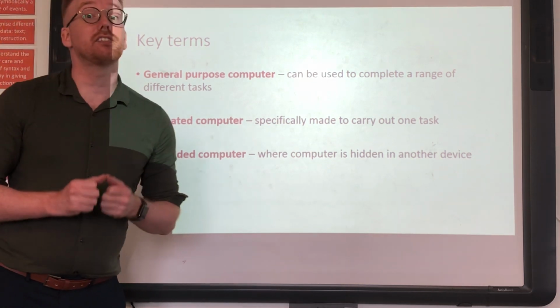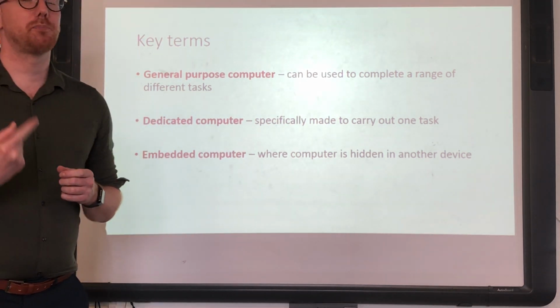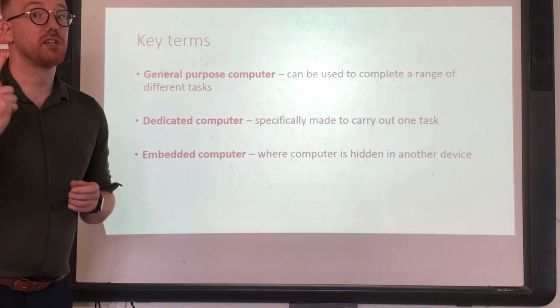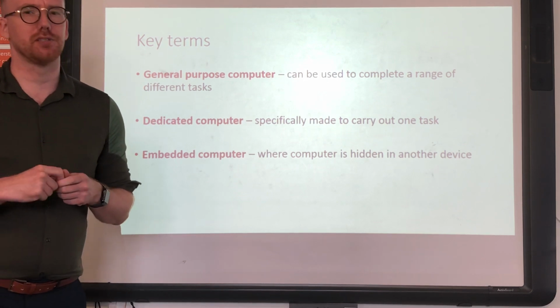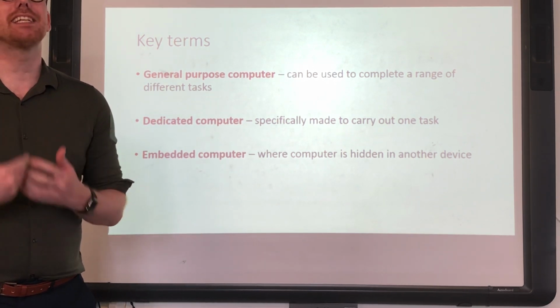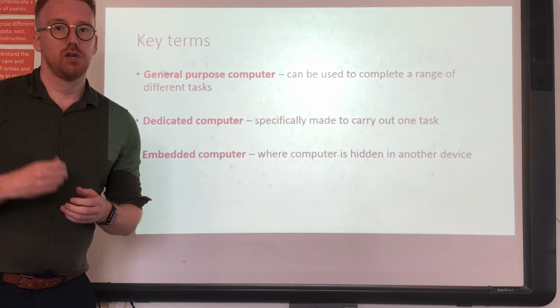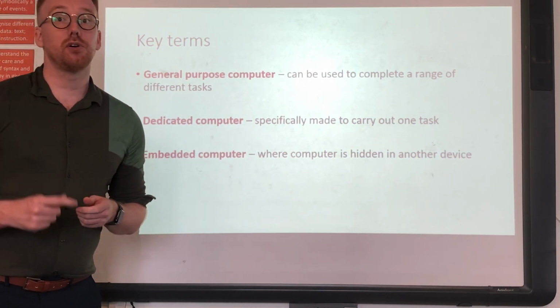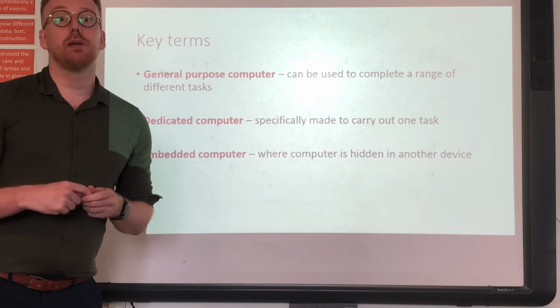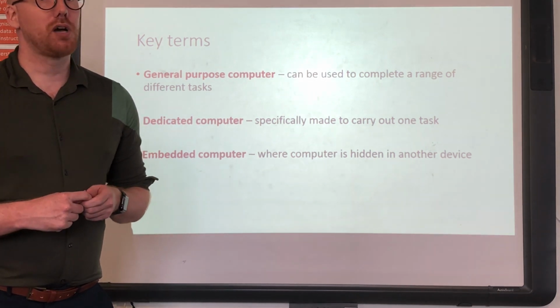A computer that is designed to perform one specific function, one task only. And then what we mean by an embedded computer system. A system that's hidden in another device. Could be a heating system in a house, it could be your video recorder under your TV, it could be the systems that make up your car.